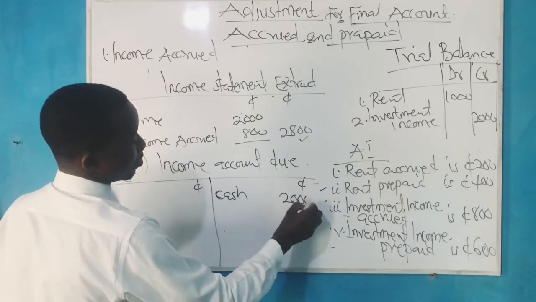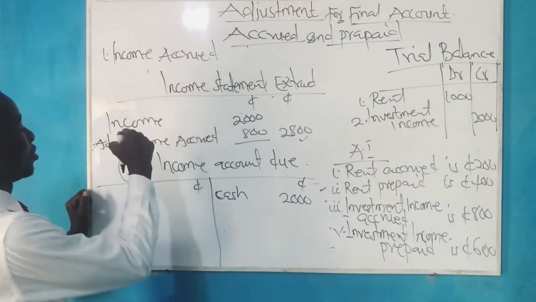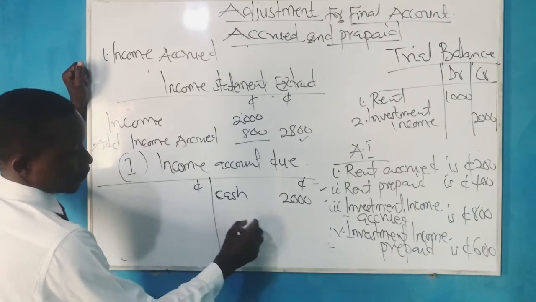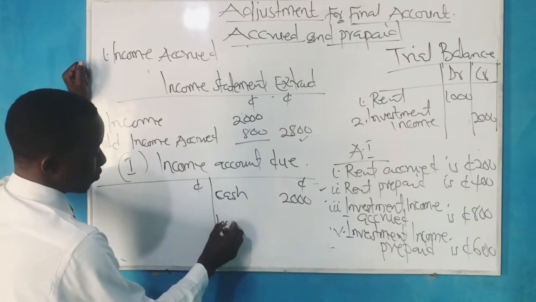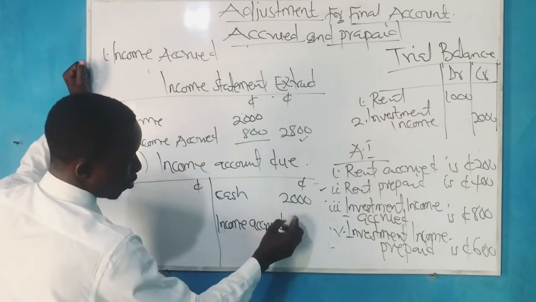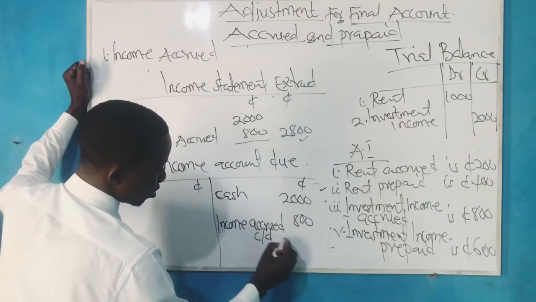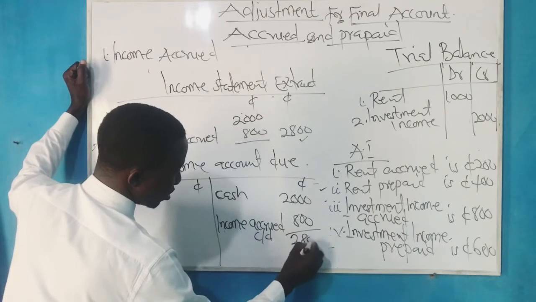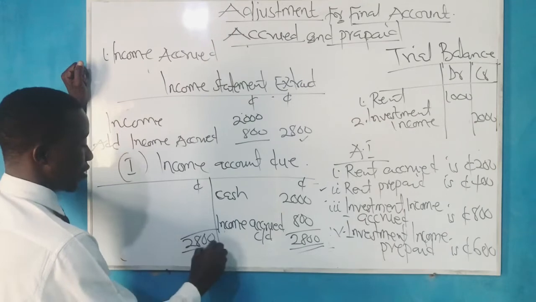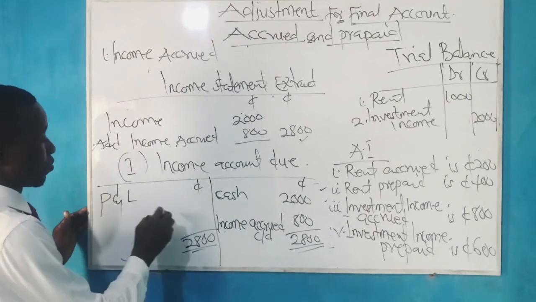We record our 2,000 cedis. Mind you, I said we always add income accrued to income under the gross profit. So we are adding income accrued of 800 cedis, and this will be the balance CD. You get 2,800. This place must also give us 2,800, and the difference goes to the profit and loss account.